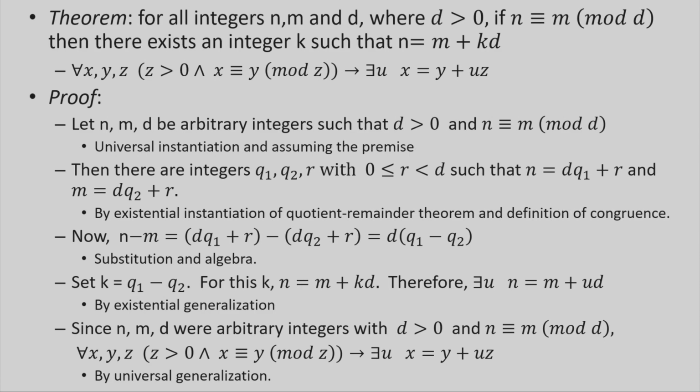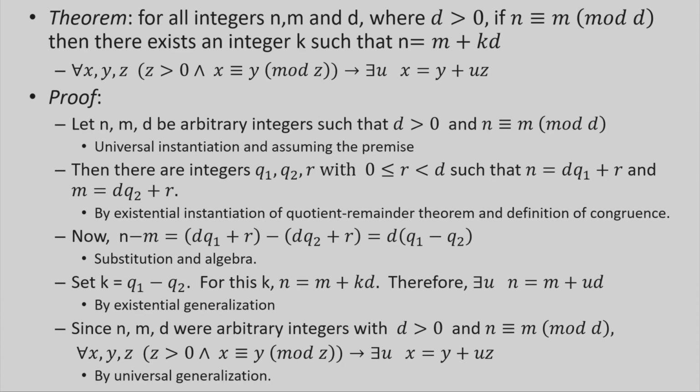Basically, if two numbers are congruent, then you can represent one of them by the other plus some multiple of whatever you're taking the mod of. And if you want again to write it down in the language of logic, here's how you would write it.